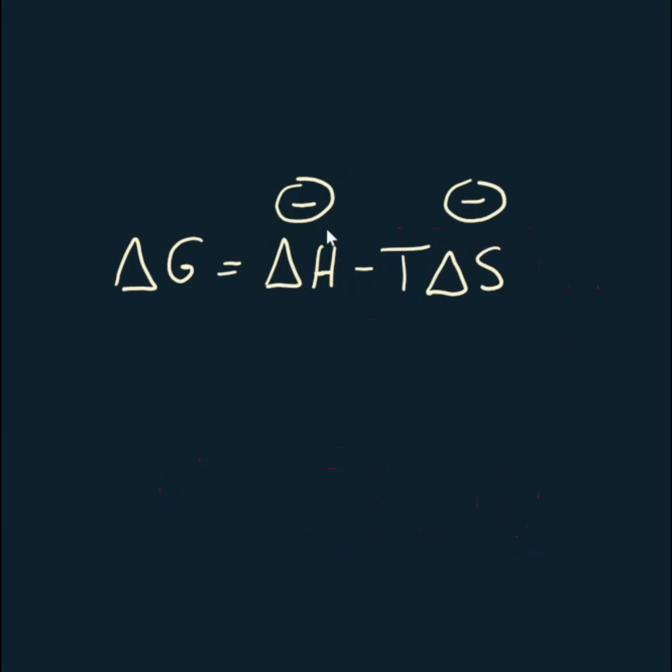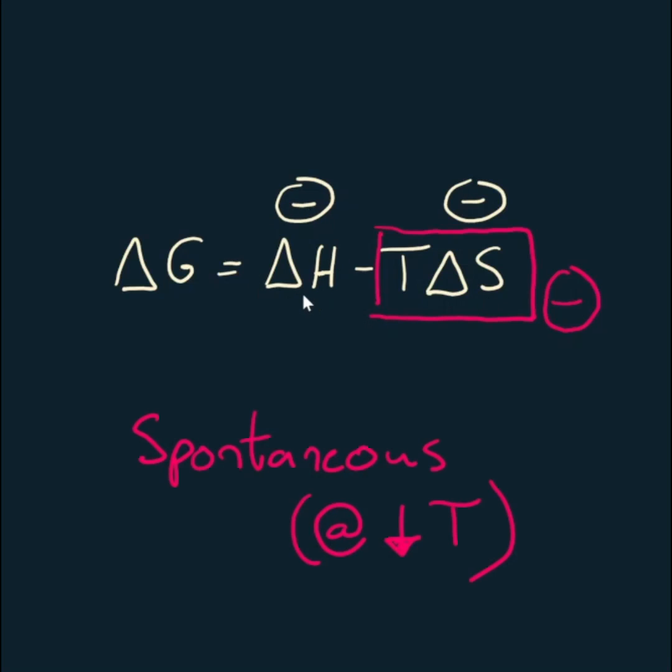And vice versa, if delta H is negative and delta S is negative, well, it's a negative minus a negative value. And so we need to make sure whatever value is in here is kept low so that we can preserve this negative value. So this is only going to be spontaneous when our temperature is low enough so that it doesn't counteract and make this whole value positive.